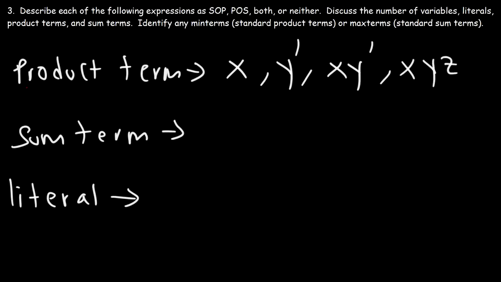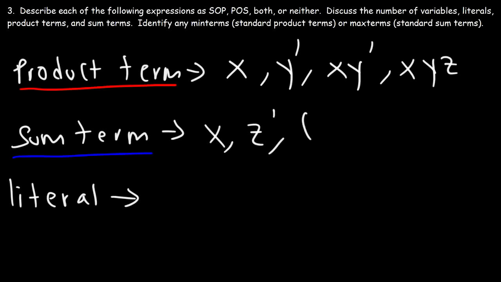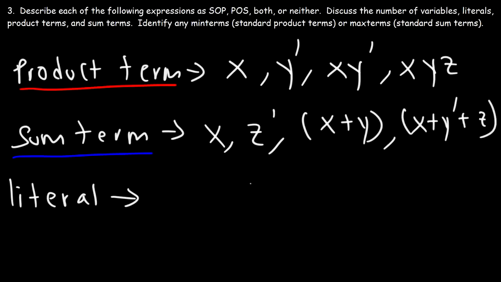So those are product terms. A sum term can be an individual literal. It could be x, it could be z prime, or it could be a sum of multiple literals like x plus y, or even x plus y prime plus z. So those are sum terms. And a literal is just a variable. It could be x, y prime, it could be complemented or uncomplemented. So that's a literal.